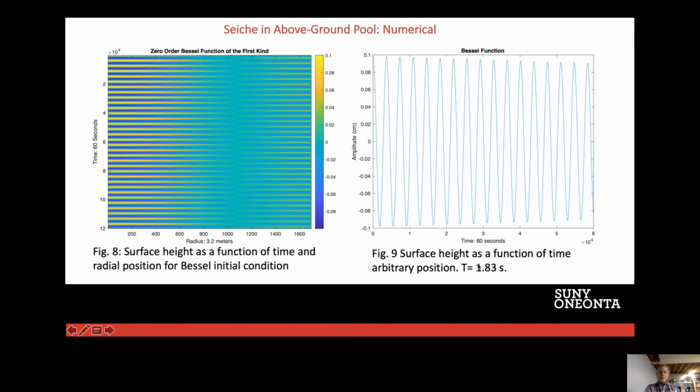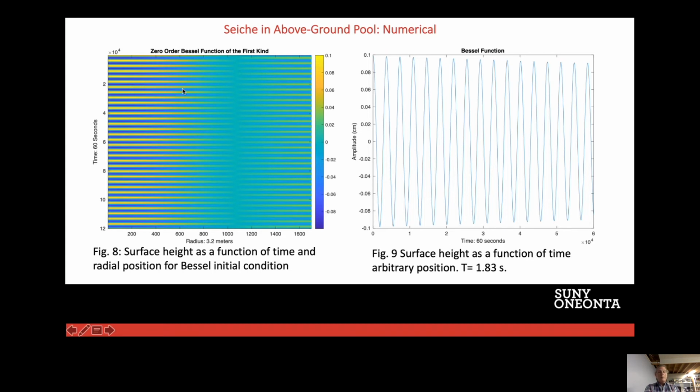As a matter of fact, it's got a period of 1.83 seconds, same as our theoretical calculation, and a very small amount of damping that doesn't seem to affect the period very much. If we go back to this curve here, you can see the standing wave pattern. When you see blue over here, you see a bright yellow in the center.